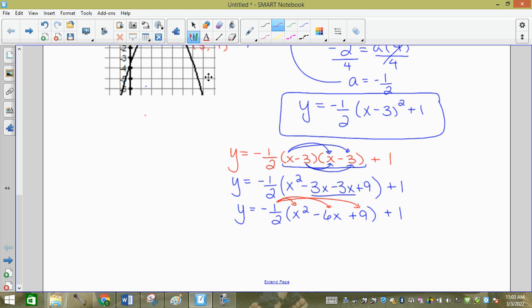So I'm going to get negative 1/2 times x squared, which is negative 1/2 x squared. Then I'm doing negative a half times negative 6. Negative a half times negative 6 is 3. If that doesn't make sense to you, type it into your calculator. But fractions have to go in what? Brackets. So type in negative a half times negative 6. Make sure you put your fraction in brackets.